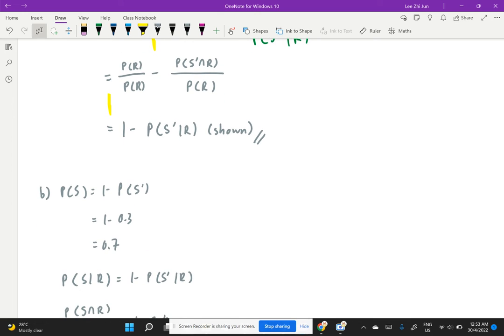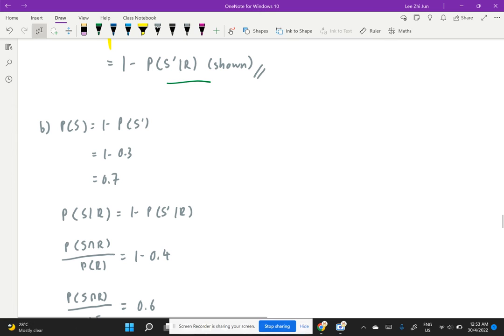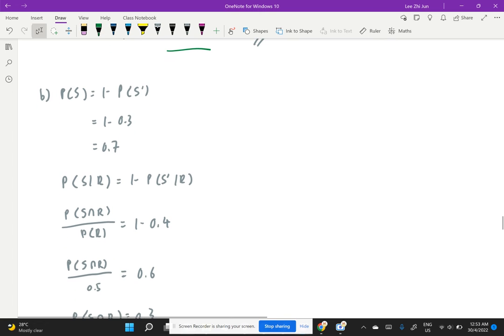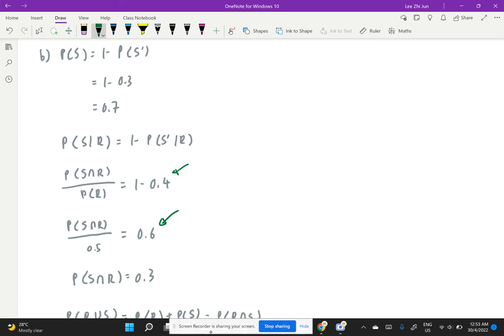P(S given R) equals, using back this formula, 1 minus P(S' given R), which is 1 minus 0.4, 0.6. So P(S∩R) is 0.3.